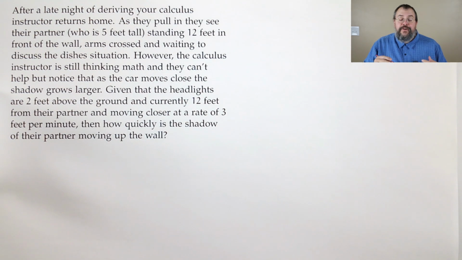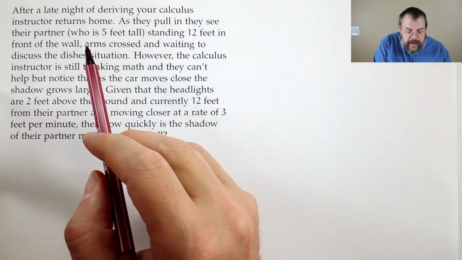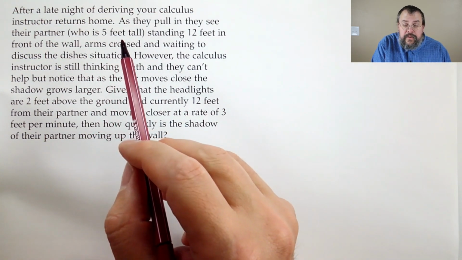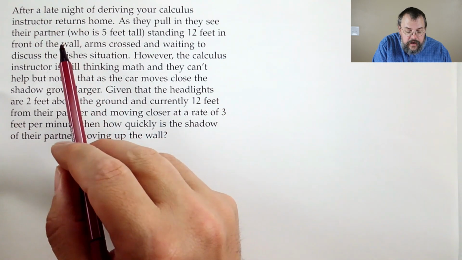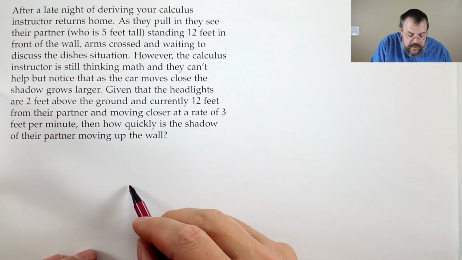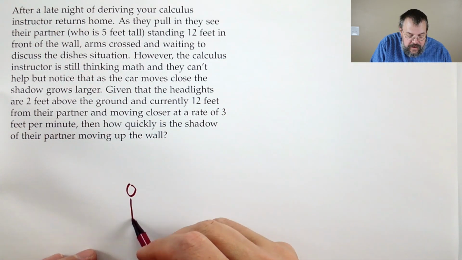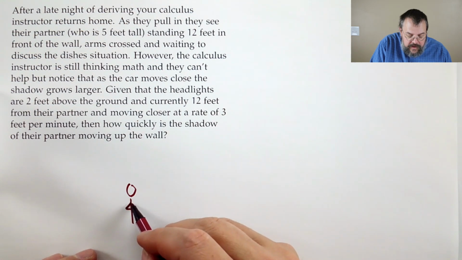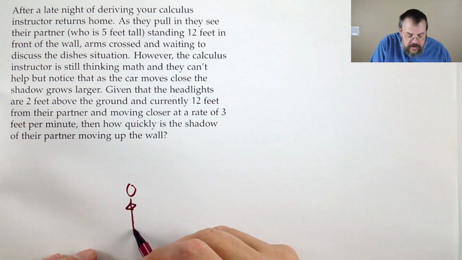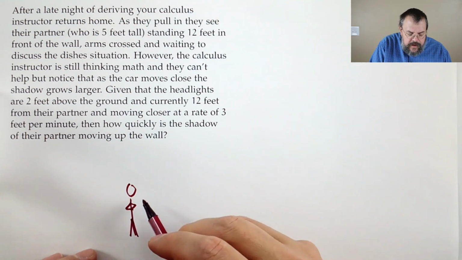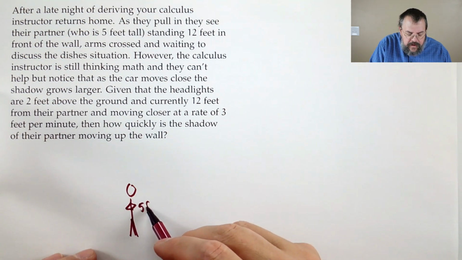So, time to draw a picture. So, what do we have? So let's just go through and add this in. We'll now go through a second time. We see the partner, 5 feet tall. So we'll draw person, and here we go. We have that their arms are crossed. All right. And give them some legs. And we know that this is 5 feet.